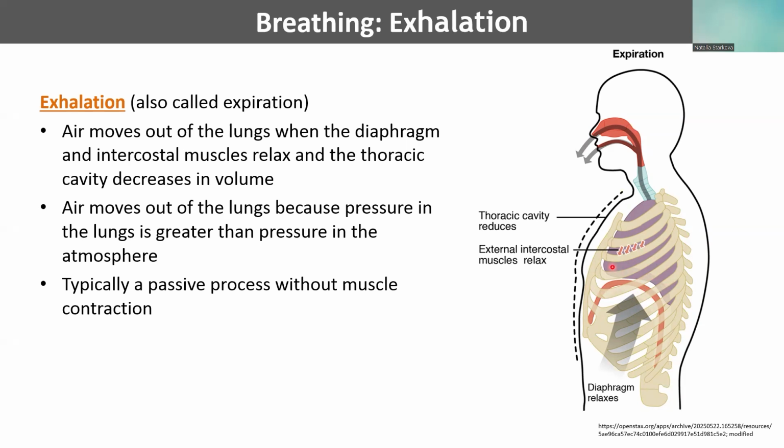The volume decreases, the pressure increases, and that pushes air out of the lungs. So this is exhalation. Usually, unless you strain to exhale more than you can, this process is passive because the muscles are not really involved in it, they just relax. And that causes the air to come out of the lungs.